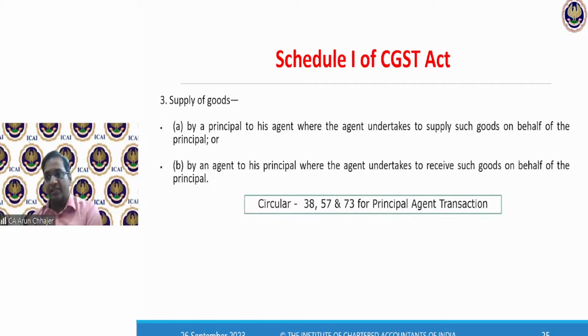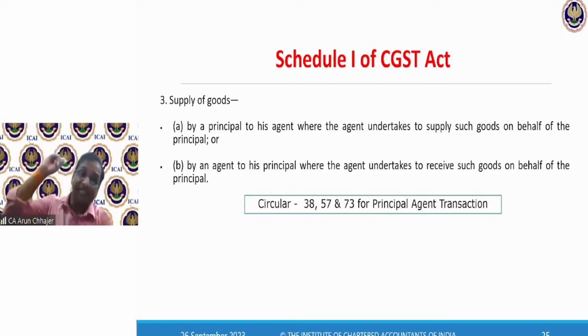Schedule 1. What is Schedule 1? We all know. Correct. Now I'm talking about Schedule 1 para 3. Supply of goods by a principal to his agent, where the agent undertakes to supply the goods on behalf of the principal, or by the agent to the principal, where the agent undertakes to receive the goods on behalf of the principal.